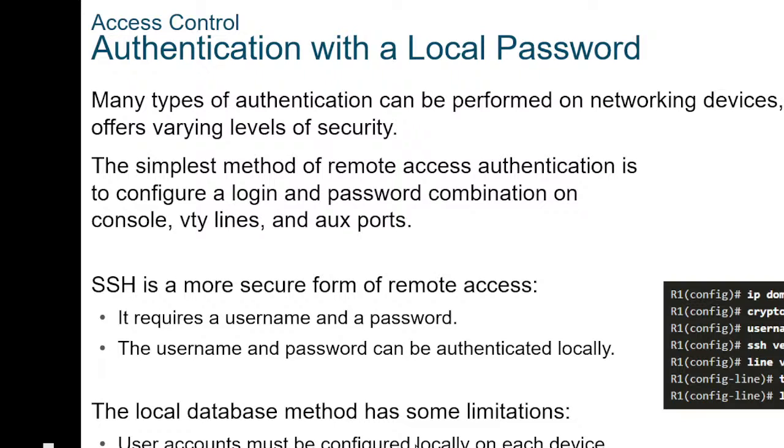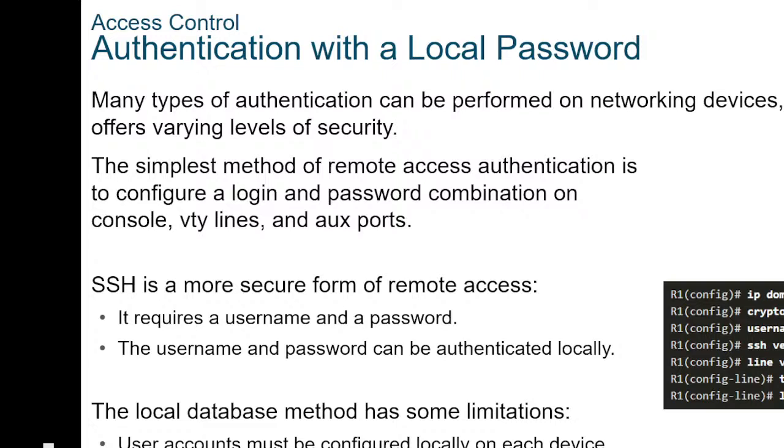See, it says here that user accounts configured locally are not scalable, and there's no fallback authentication method. Now, what does that mean when we talk about a fallback authentication method, right? So let's just say that I have stored a password locally in a switch, but I also have that password stored globally somewhere in a database, some type of server.